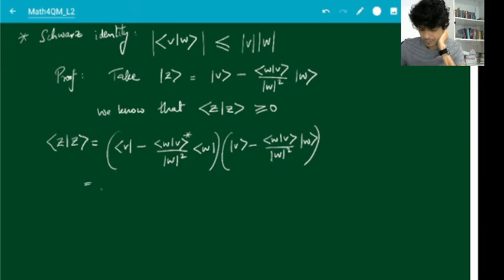So v with v will give me this, v with that second term will give me, wait, first I'll take the number out, w v by w squared, and then v with w.